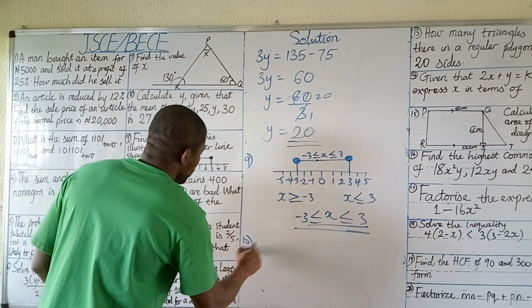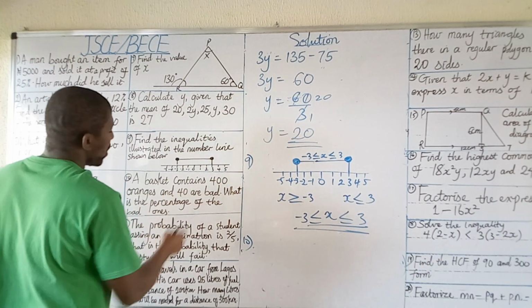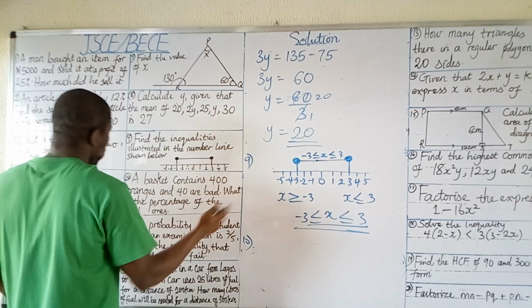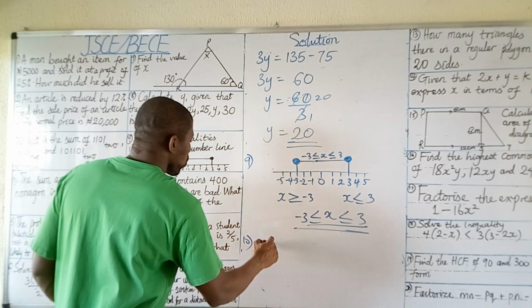Number 10. For number 10, a basket contains 400 oranges and 40 are bad. What is the percentage of the bad ones?